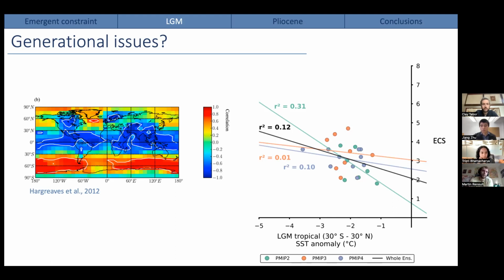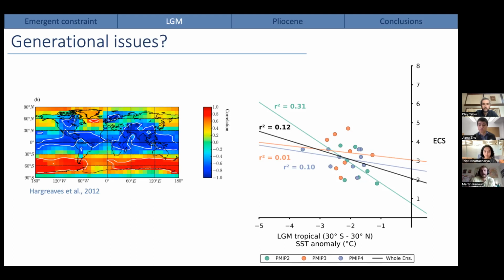So one of the first hypotheses that came out of this is that maybe it's just a generational issue: PMIP2 is so old that when modeling centers started to implement dynamical vegetation or some effects related to aerosols, the correlation just collapsed because you're comparing models that are completely different.